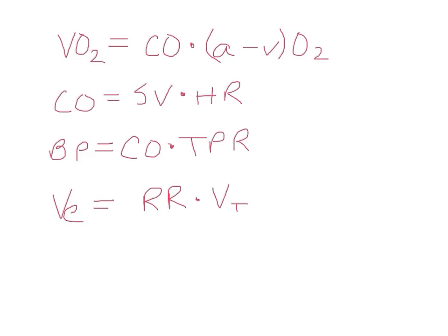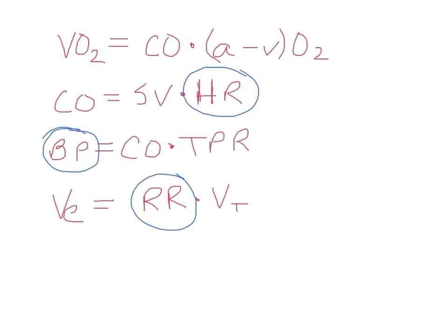How this becomes important is that it sets the stage for you to understand what you can measure and what you can infer. We can measure blood pressure. So when we see changes in blood pressure, we can infer changes in cardiac output and peripheral resistance.